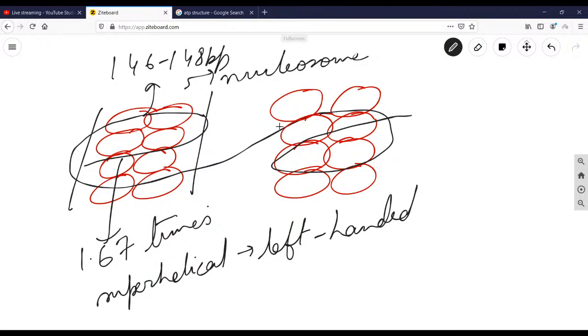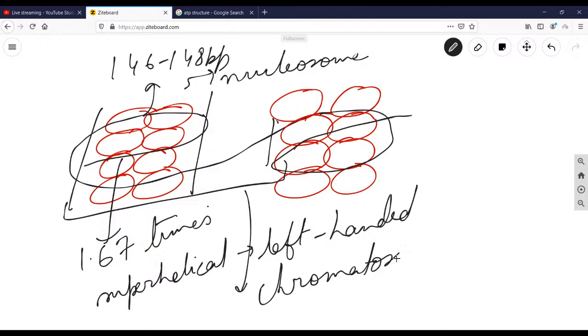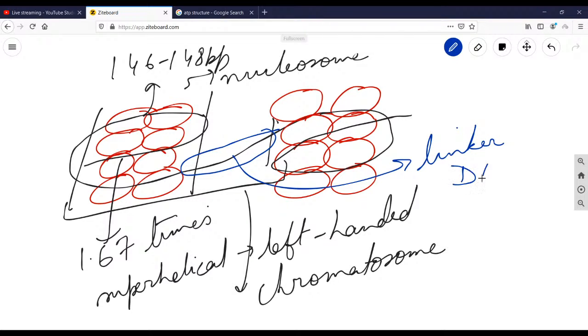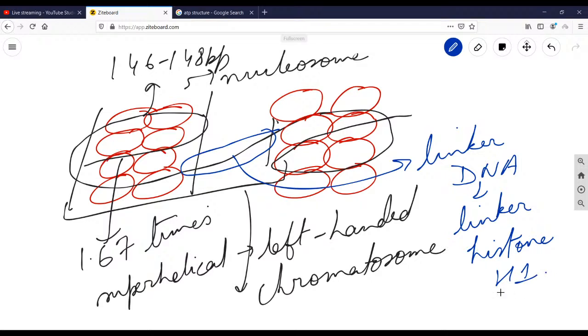From here to here is almost 200 base pairs. From here to here it is known as a chromatosome. And the DNA linking the two histone octamers is known as linker DNA, and this is bound by linker histone H1.